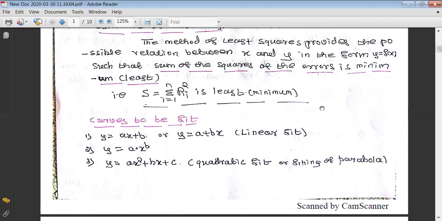And the third one is called quadratic fit, or fitting of a second degree parabola, whose equation might be y equal to ax square plus bx plus c, or y equal to a plus bx plus cx square. These are the three curves we are supposed to fit for a given data.